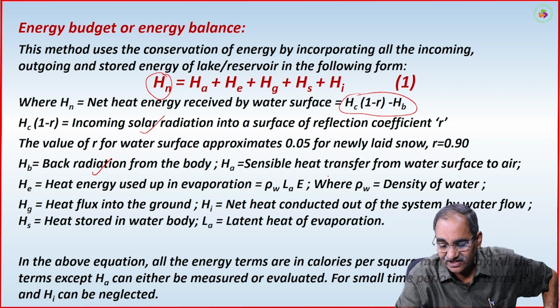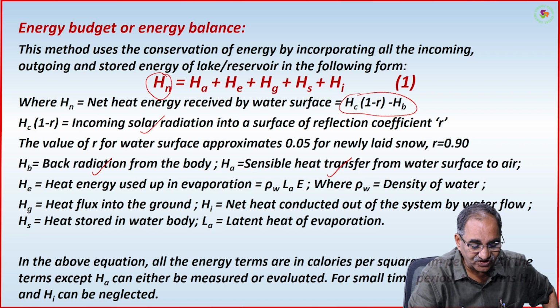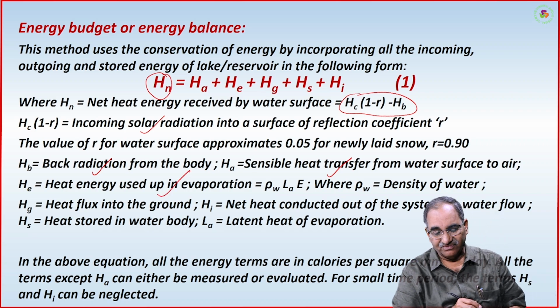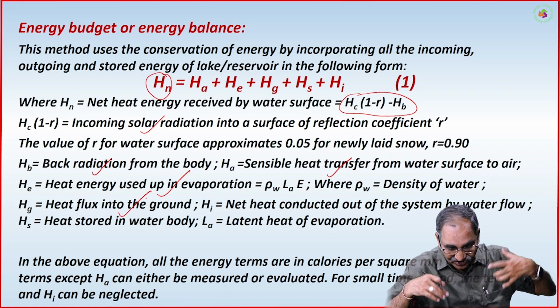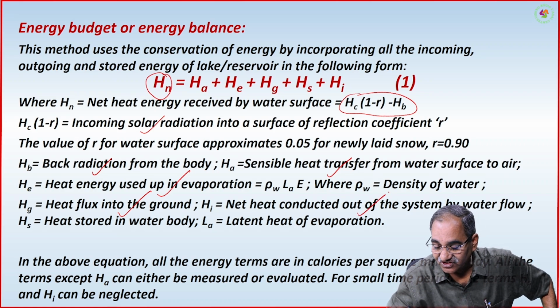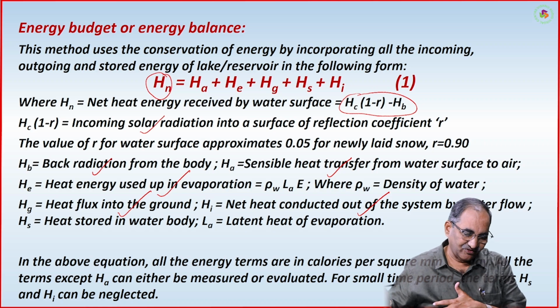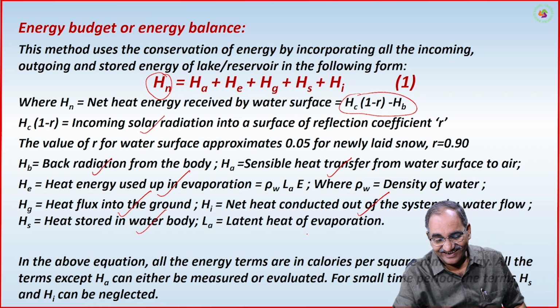Then sensible heat transfer from water surface to air. Then heat energy used in evaporation. And then what is the heat flux into the ground, into seepage, and what is the net heat conducted out of the system by water outflow. What is the heat stored in the water body, and latent heat of evaporation.